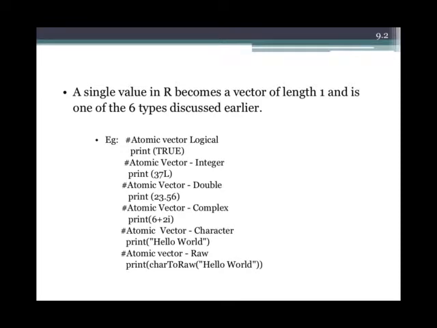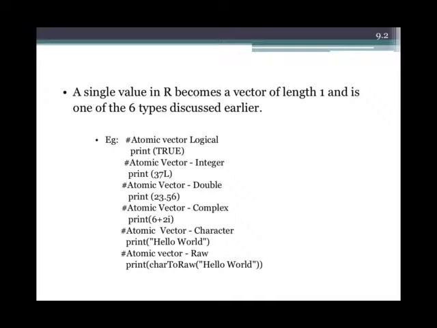A single value in R becomes a vector of length 1 and is one of the 6 types we have discussed in the earlier slide, and we are demonstrating it in this screen and the next screen where we are running the programs.